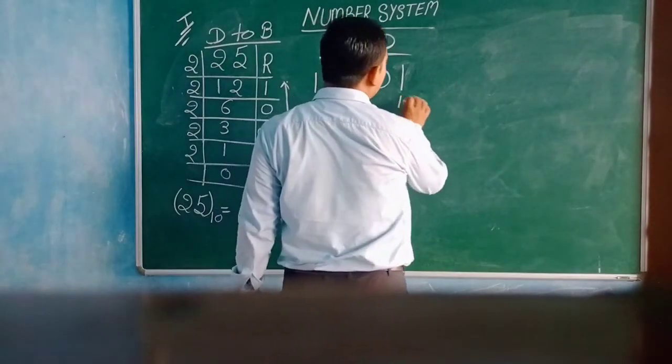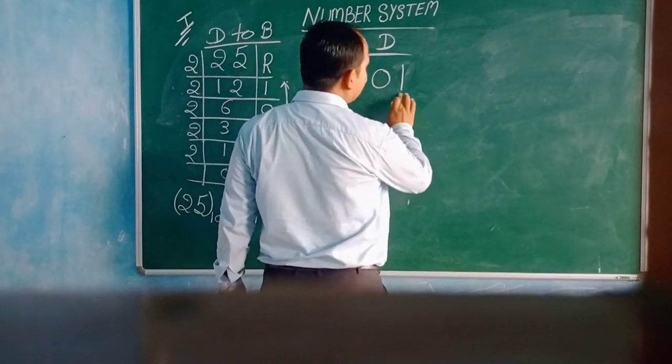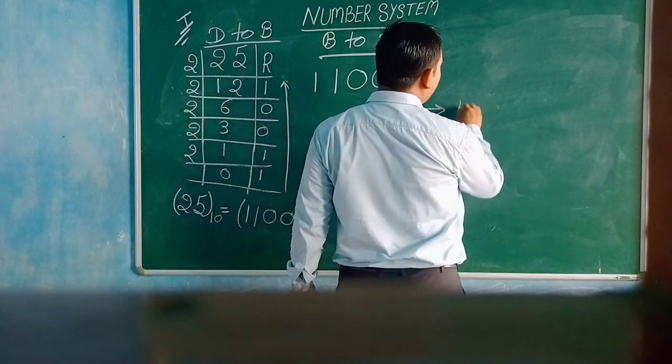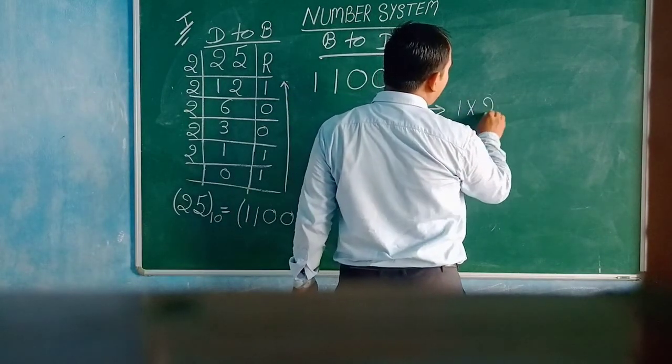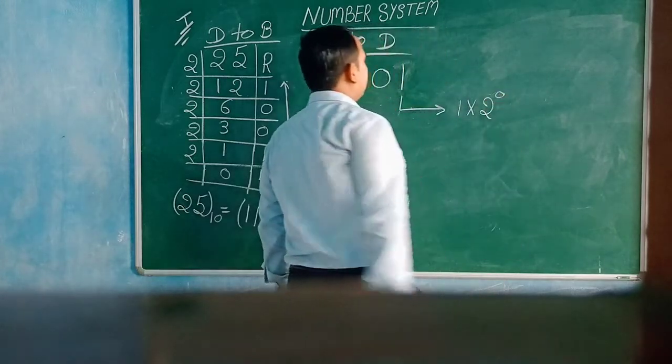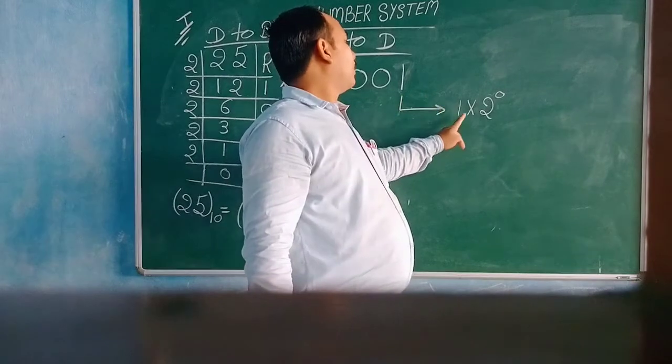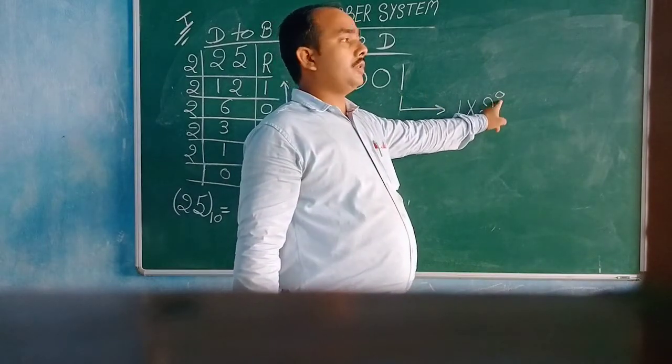First, 1 into 2 to the power 0. We always start the power of 2 from 0. Okay.